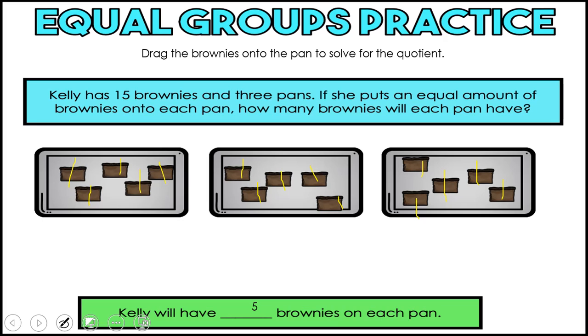Each pan has 5, which means that we have done it equally and gotten it correct. So 15 divided by 3 equals 5.